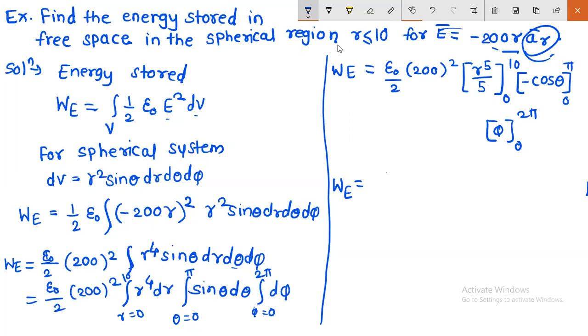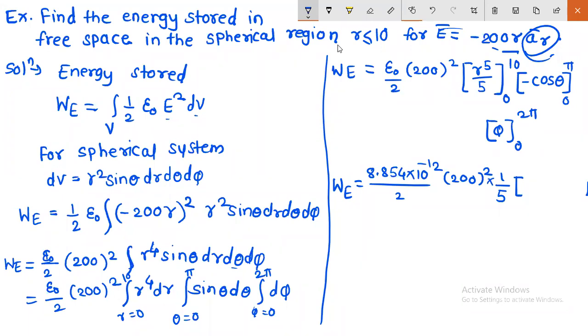So you will get we is equal to, and also put here the magnitude of epsilon 0. Epsilon 0 is equal to 8.854 into 10 raised to minus 12, divided by 2 into 200 square. Then I'll take this 1 upon 5 outside, and this is r raised to 5, varying from 0 to 10.